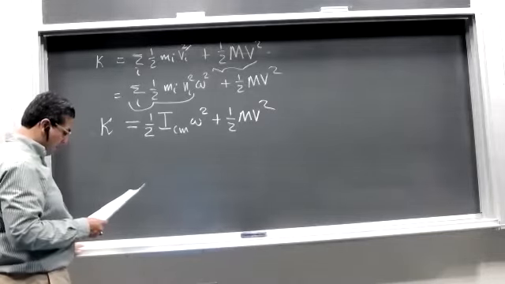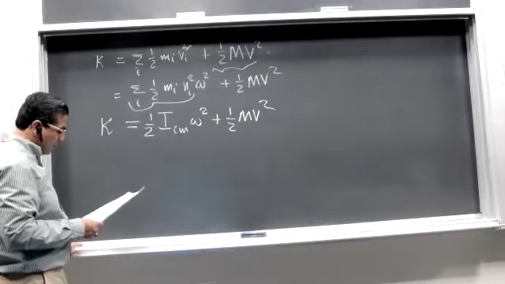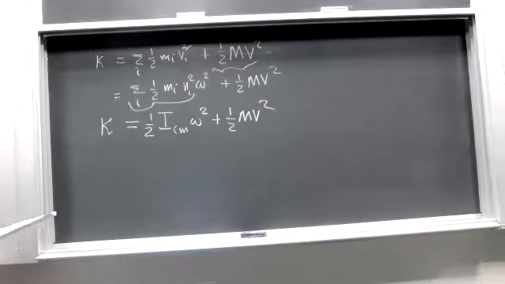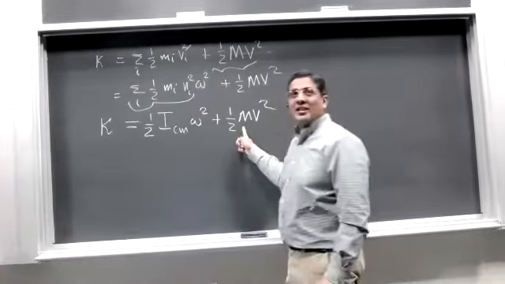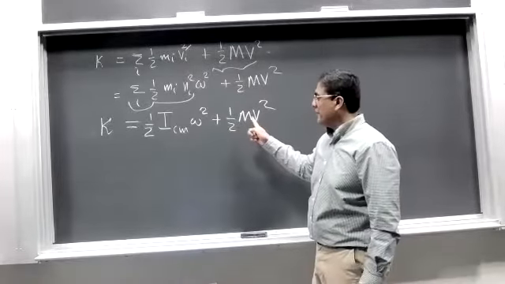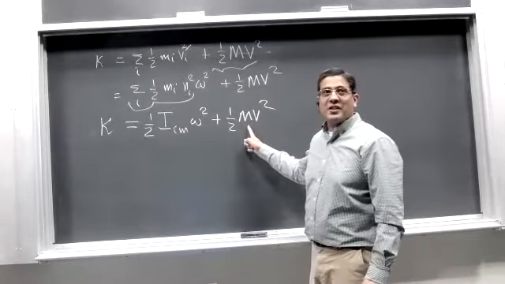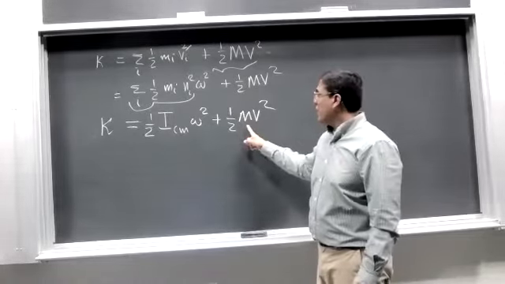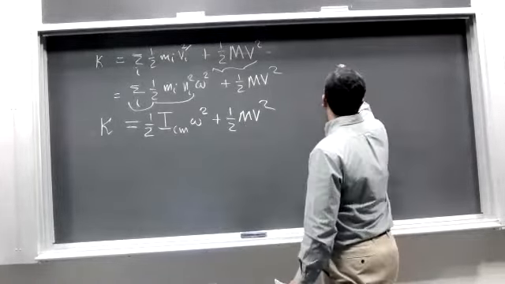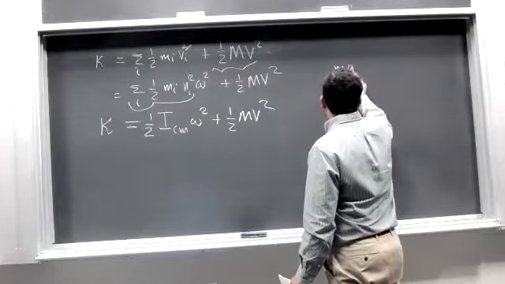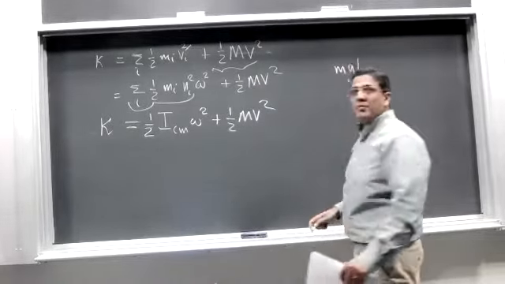This is all very good, but we haven't found anything useful yet. So let's say that now we have the change in kinetic energy, which started with 0 and its final value is this. And we also have the change in potential energy, which is mgh.